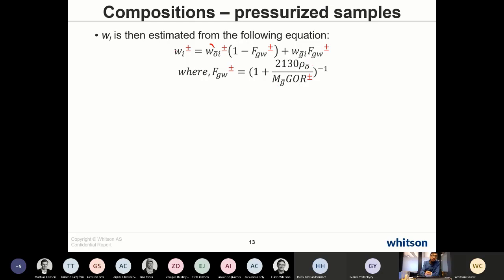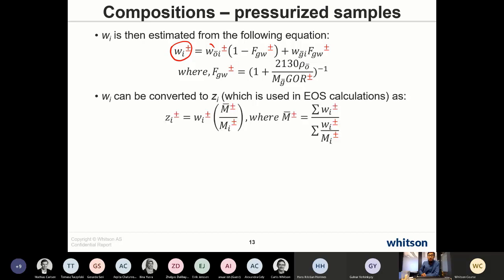Now you see that this composition we are interested in has uncertainties for many reasons. You have uncertainty in the flashed oil due to baseline shift and internal standard. You have some uncertainty in the vapor fraction because of the GOR. All these uncertainties add to the uncertainty in the total composition. Most importantly, we generally don't use these weight fractions. We need mole fractions, for example, for equation of state calculations.